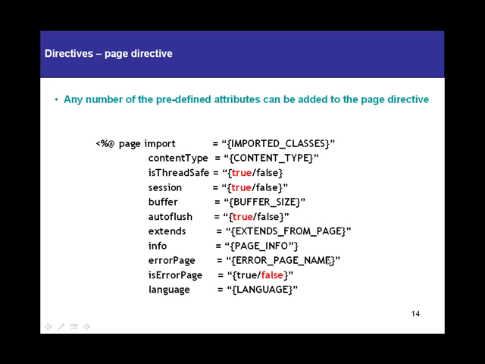Whatever you put in a page directive is basically applied to the current JSP page with which it is associated. When it comes to the directives, the second element is also very important.